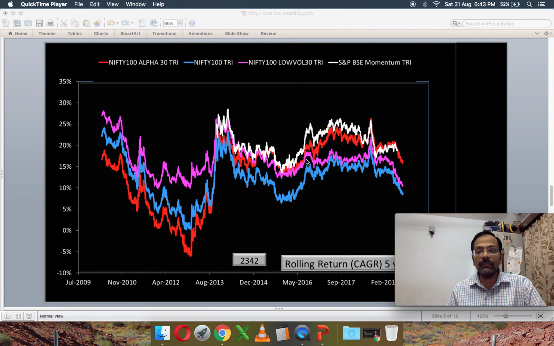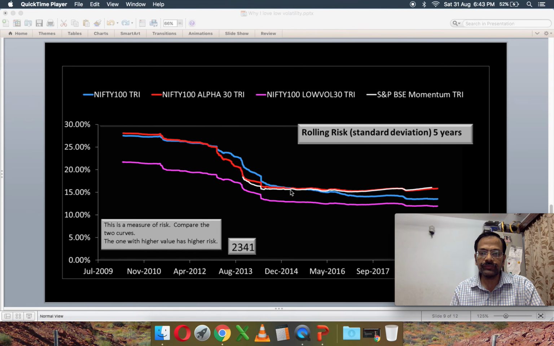You can see that the momentum has done well, and sometimes it is comparable to low volatility, and it has outperformed the alpha also most of the time. Of course, the momentum has the potential to outperform the low volatility index, but it does so at a higher risk. You pay a higher risk, then you expect a slightly higher reward, and that's obtained in the case of momentum. You can see that the momentum, the white line, is well above the pink line, which is the low volatility index. That's fine.